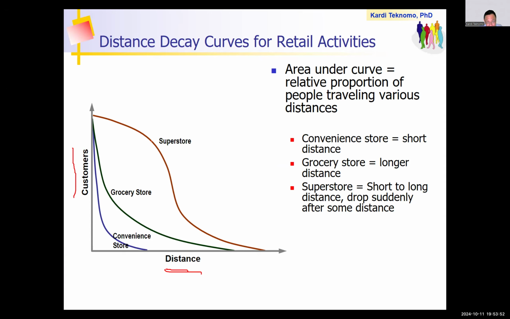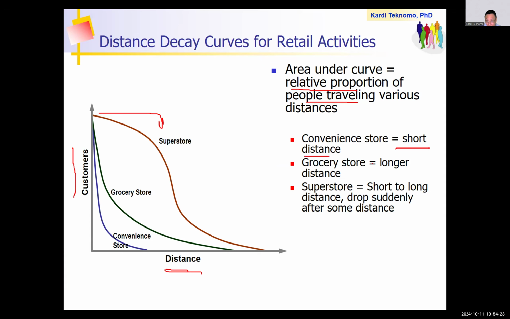Of course, it will still go down with the distance, but at certain distance they still have certain values, up to certain values, and then drop drastically. The area under the curve represents the relative proportion of the people traveling for the farthest distance. So the convenience store customers are using short distance.